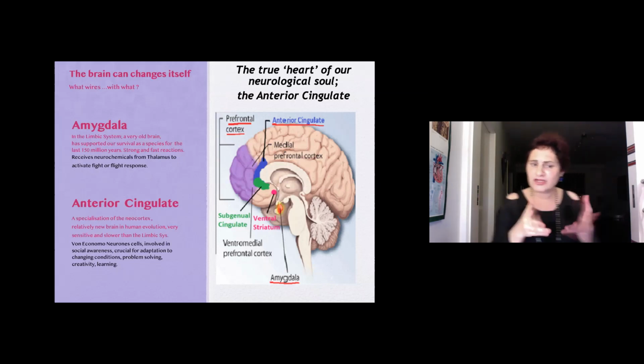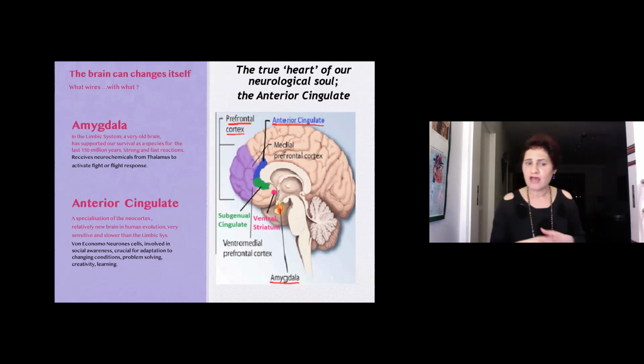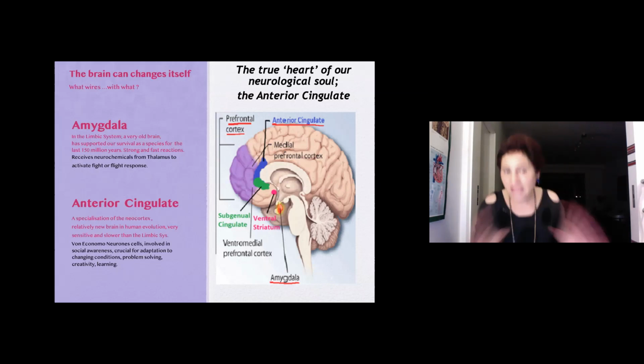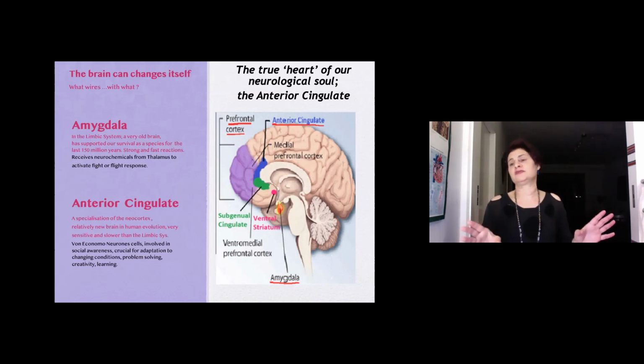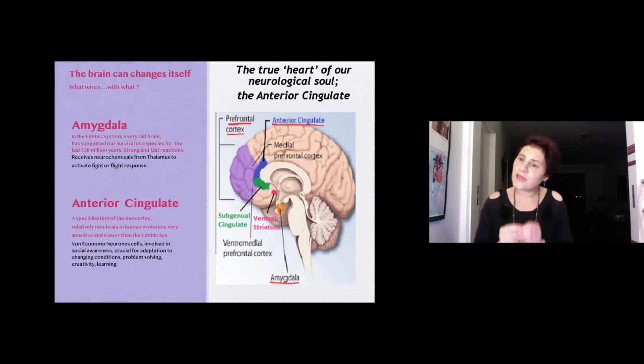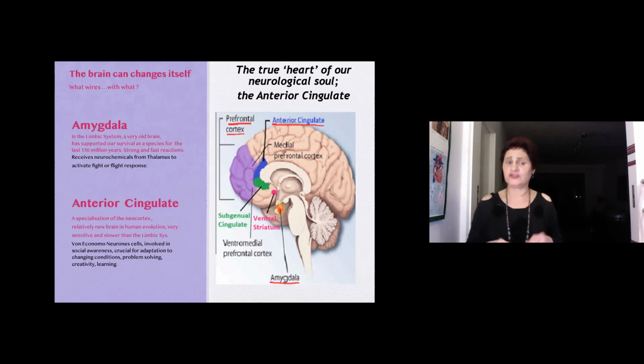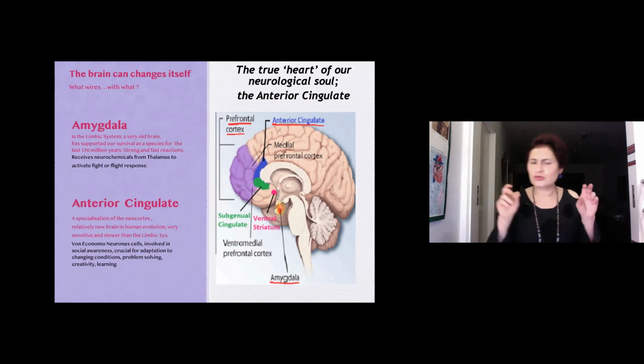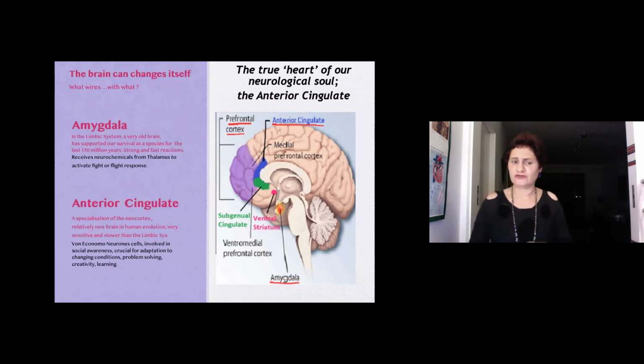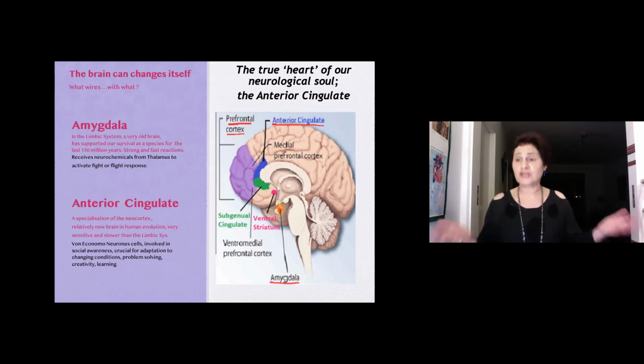So it's a relatively new brain structure in human evolution, very sensitive and definitely slower than the limbic system, definitely slower than the amygdala. So what's so special about this part of the brain? It contains von Economo neurons, cells that are involved in social awareness, crucial for adaptation to changing conditions, problem solving, creativity, learning. This is our time.